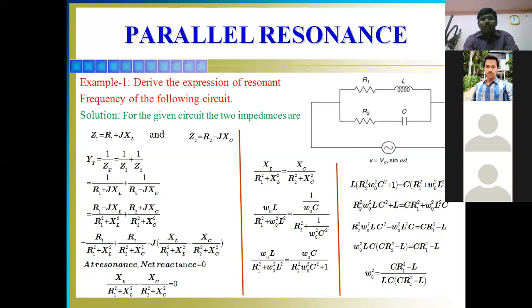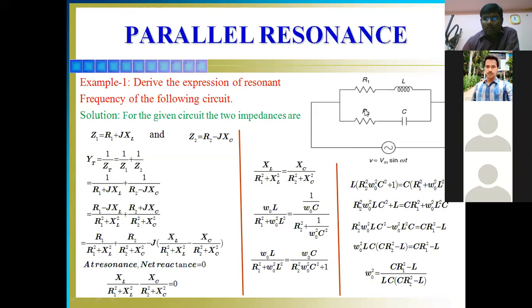I will move quickly because the procedure is the same. Just follow me and concentrate. Here there are two arms. Z1 is equal to R1 plus jXL.